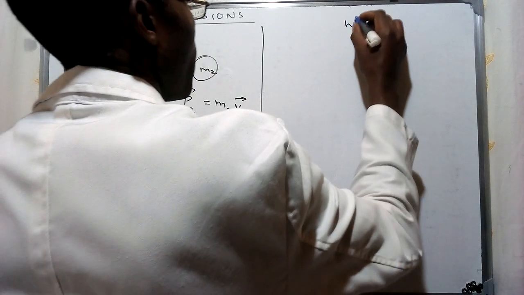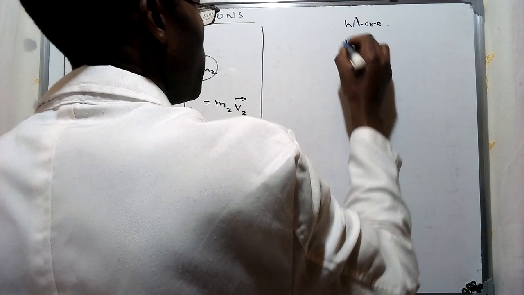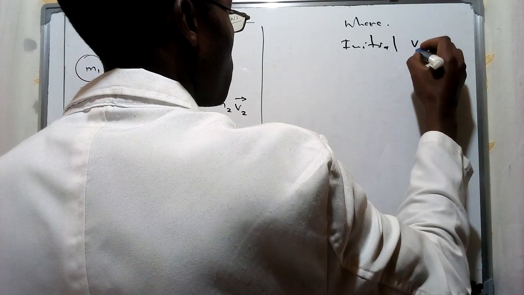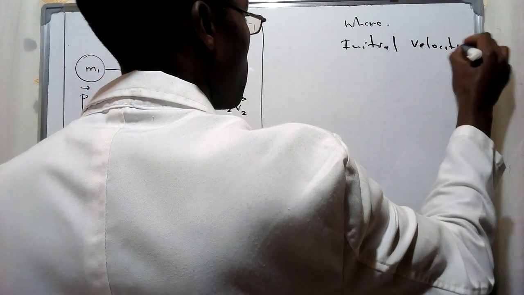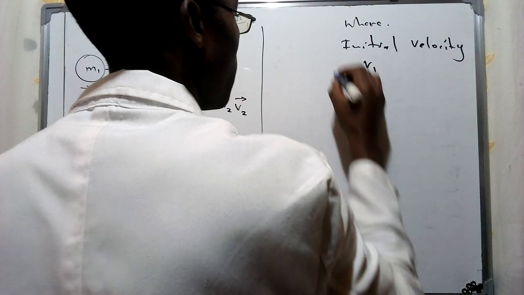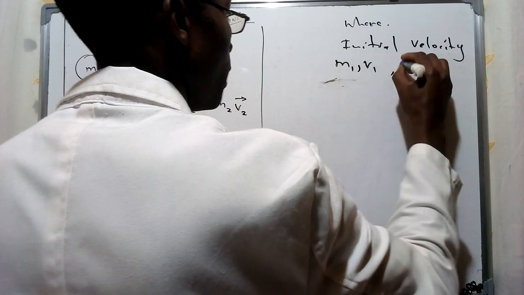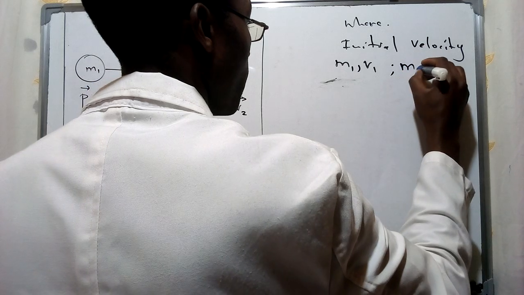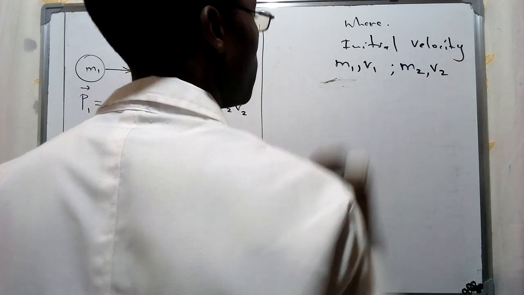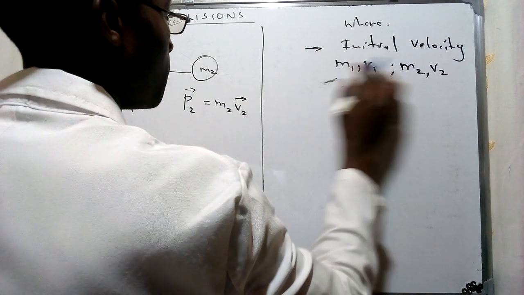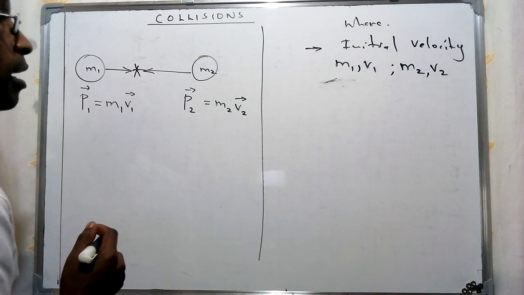Here we have the initial velocity components: v1 for m1, and v2 being the respective velocity for m2, with their respective masses m1 and m2.